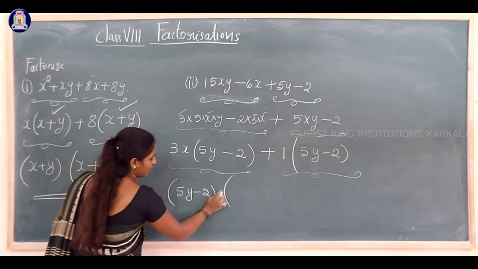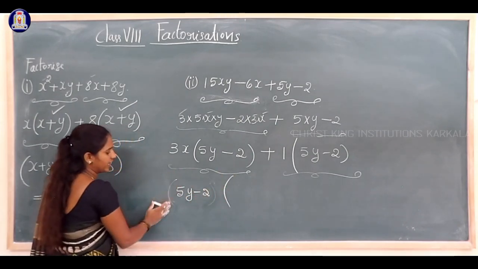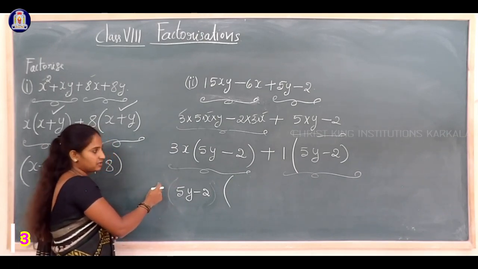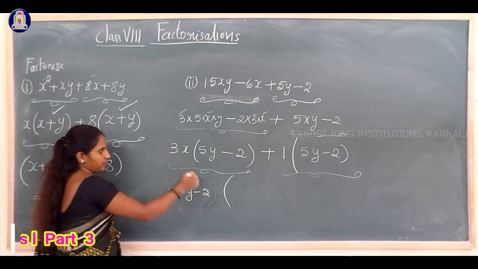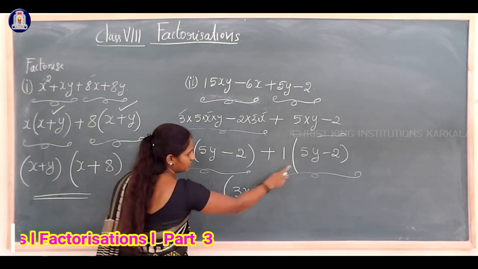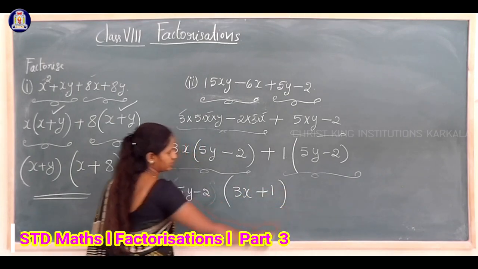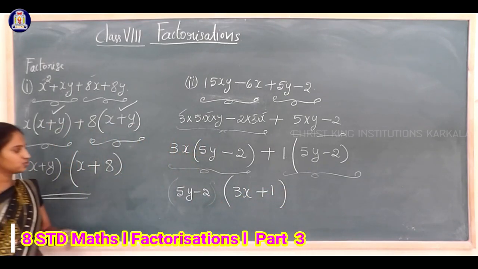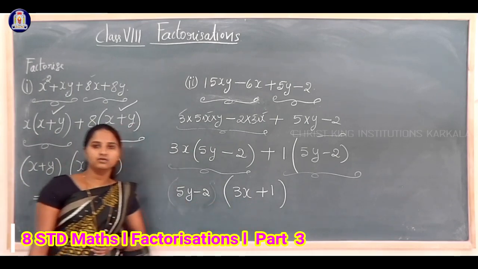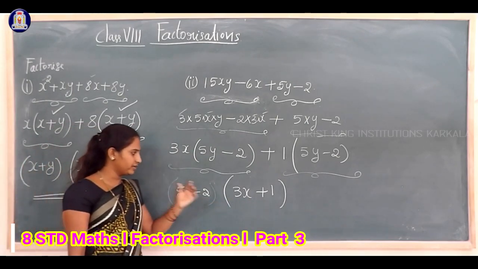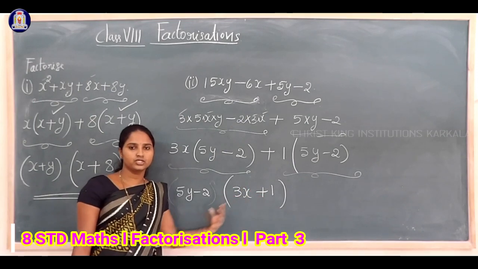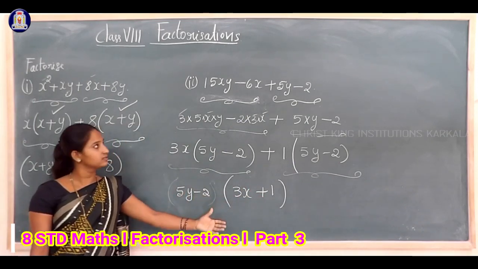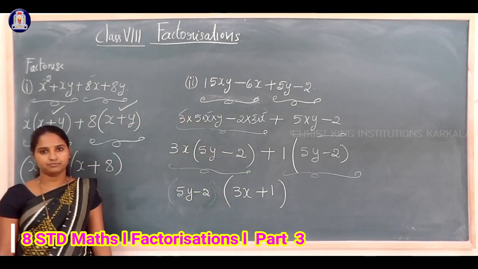So if you take 5y minus 2 outside, which factor is remaining inside the bracket? The remaining is 3x here plus 1. So 5y minus 2 into 3x plus 1 is what remains. So these are the two factors of the given algebraic expression.